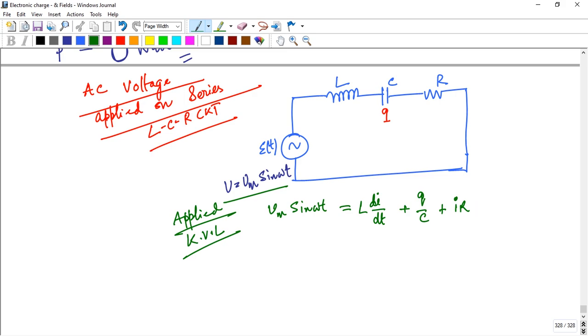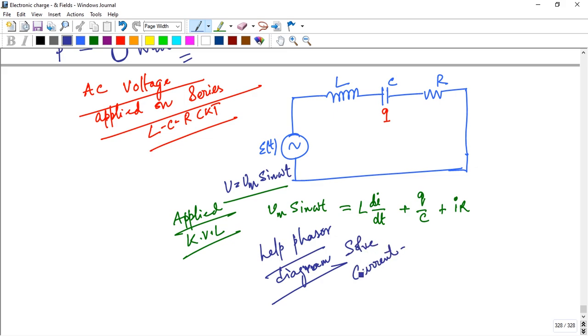Now we solve for current with the help of a phasor diagram. Why not solve it analytically?